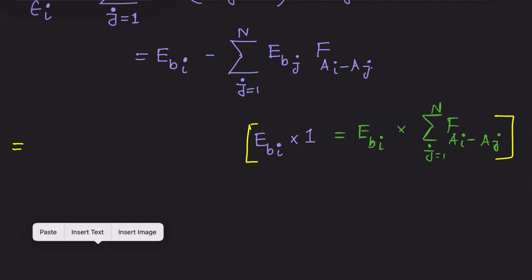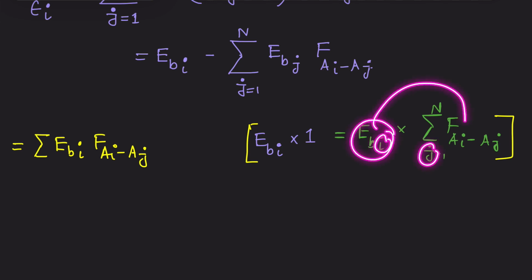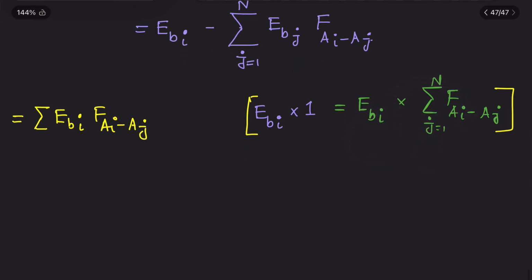So EBI is equal to summation of EBI into F AI AJ. Right, because this is I, this is independent of this J, so I can take it inside this. So J is equal to 1 to N, minus EBJ F AI AJ.